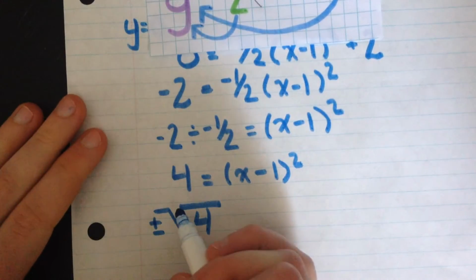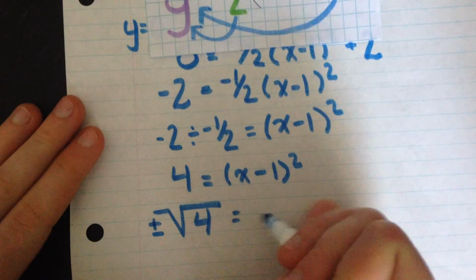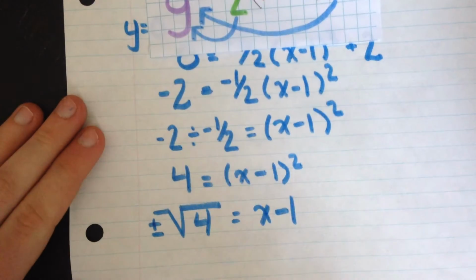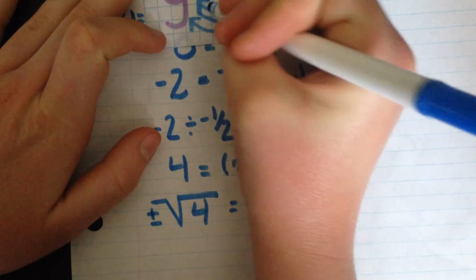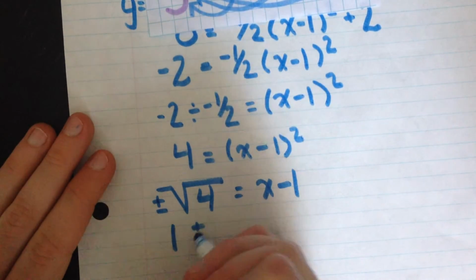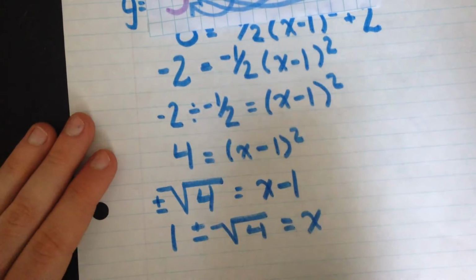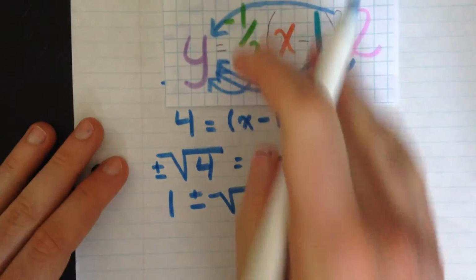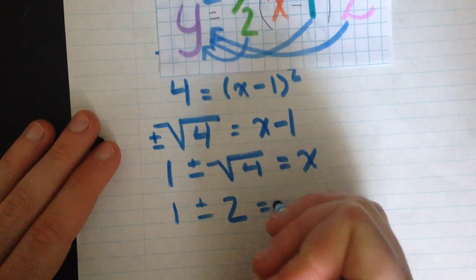So it looks like this: plus or minus the square root of 4 equals x minus 1. Lastly, we move the 1 to the other side of the equation so that it becomes 1 plus or minus the square root of 4 equals x. The square root of 4 is 2, so 1 plus or minus 2 equals x.